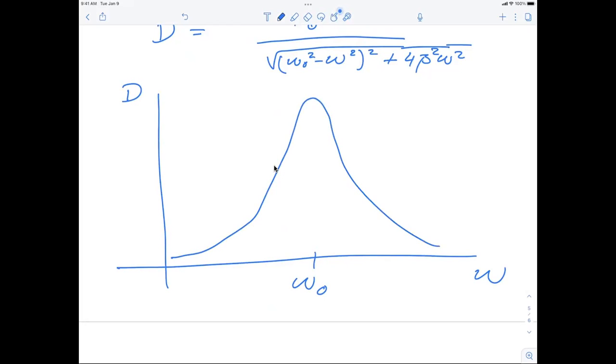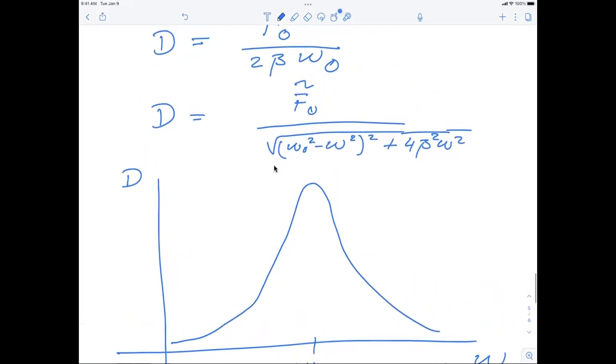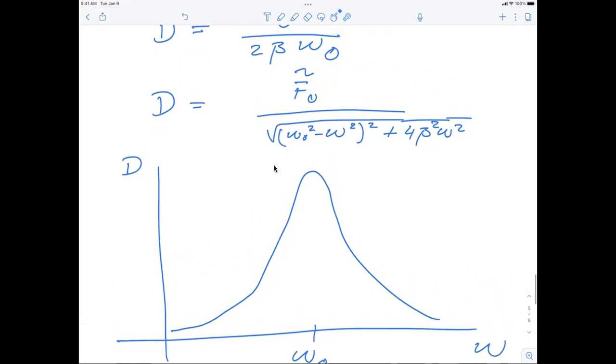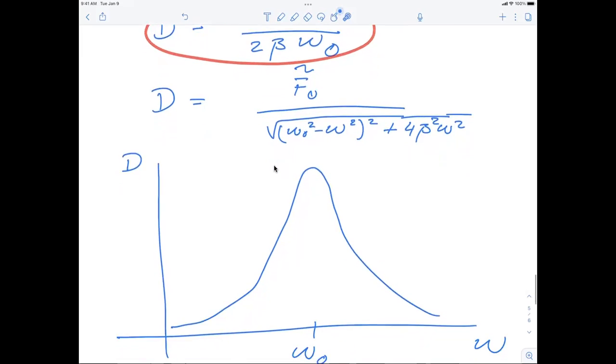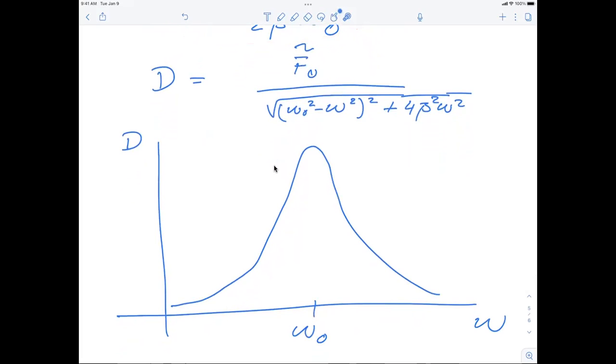Now, one thing which is interesting, and you can see that from this particular expression, is what happens if I decrease beta. If you look at the expression and go back to the graph, suppose this is a result which has been achieved with beta equal to 0.1 times omega 0.